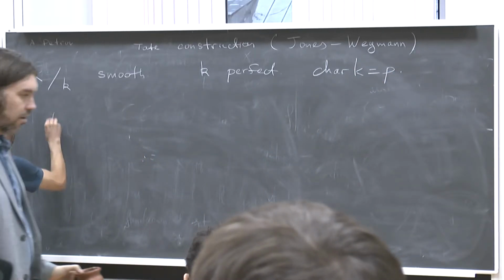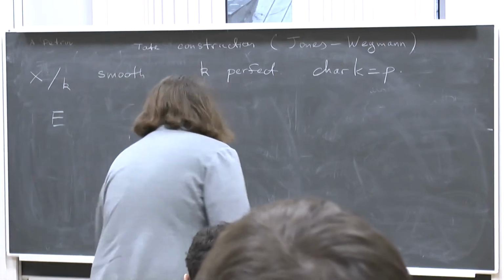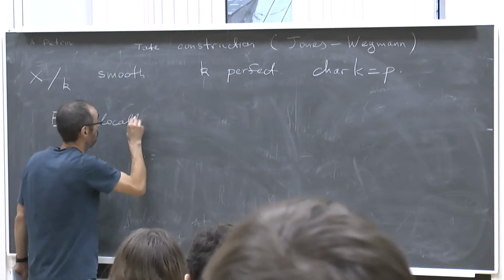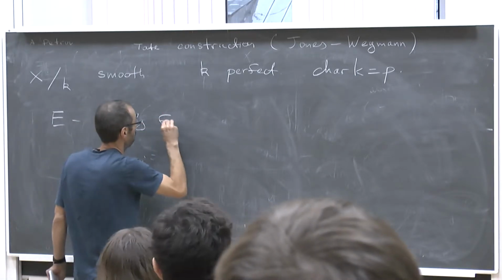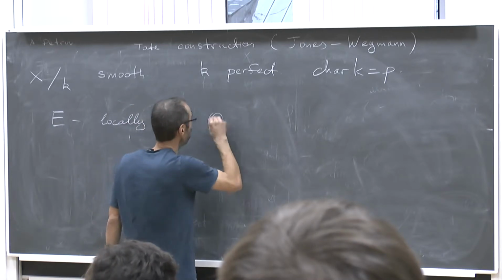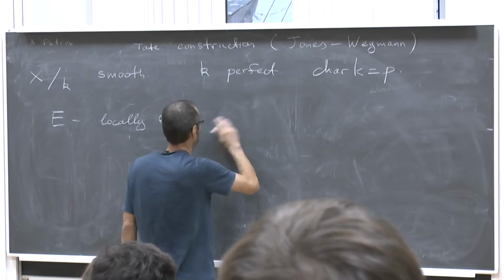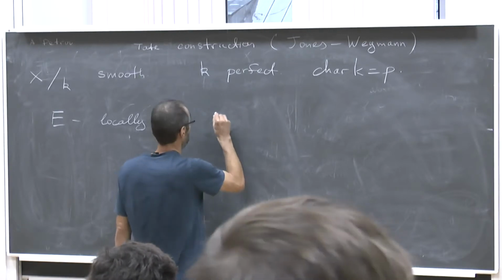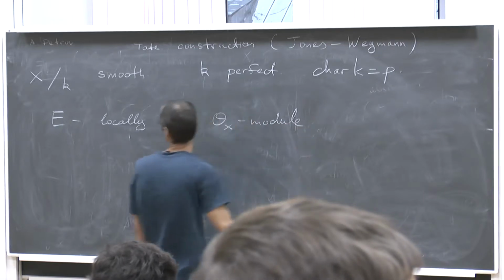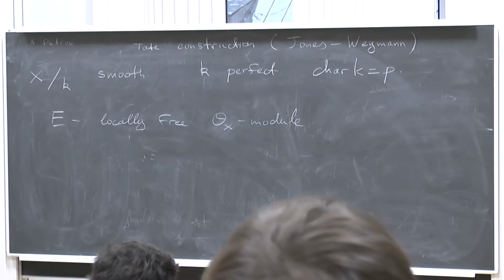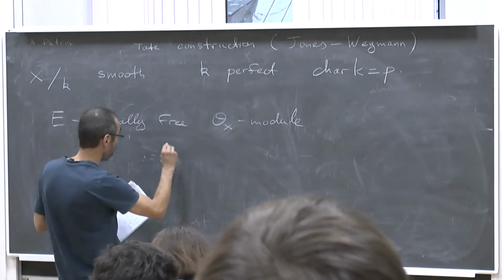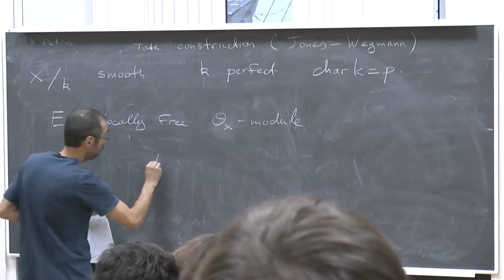And suppose I have a vector bundle or, generally, a locally free O_X-module E. The Tate construction is a complex.